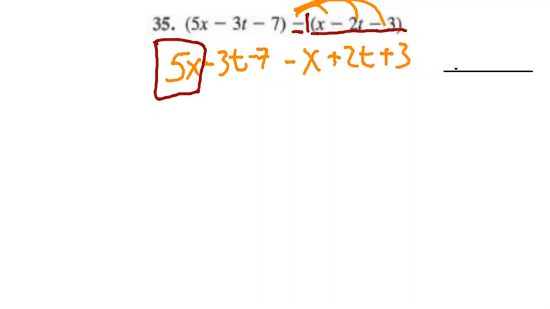So really, we're multiplying this whole thing by a negative 1. We just don't have to write the 1 part of it. So when I multiply the negative all the way through, I get negative x plus 2t plus 3. All right. So that's why we distributed that negative sign all the way around.